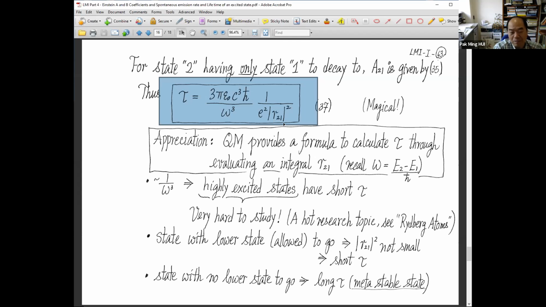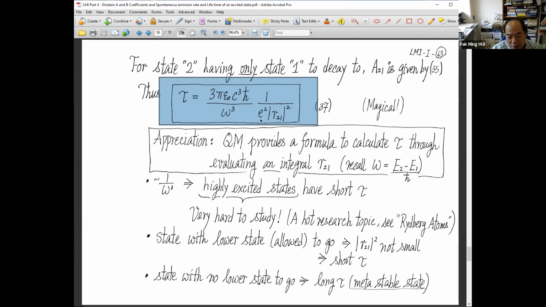And this is one of them. We have already seen that we can calculate selection rules, or even whether the lines are brighter or dimmer. Okay, this is another key result. We can actually calculate the lifetime of the state.